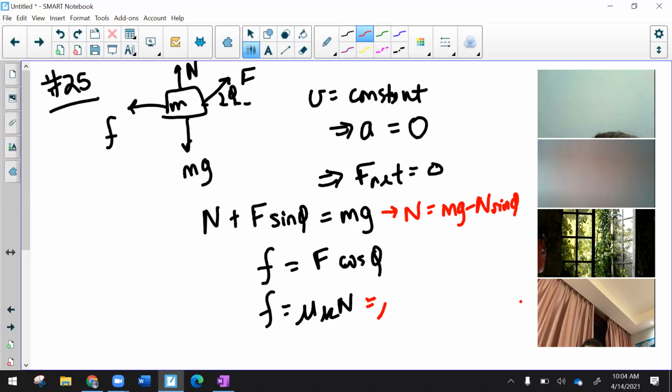So that means another way to express my friction force is mu k times (mg minus F sine phi). Sorry, wait a minute, that's an F, not an N. Okay. I think the tricky part is remembering that the normal force is not equal to the gravitational force in this situation.